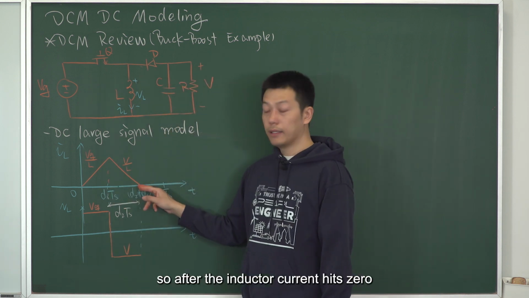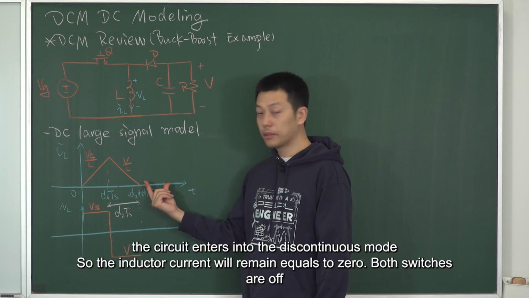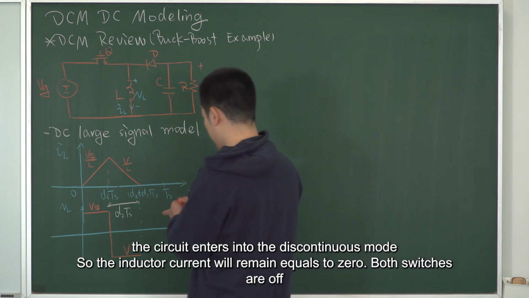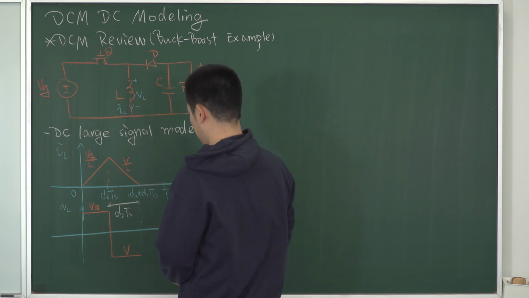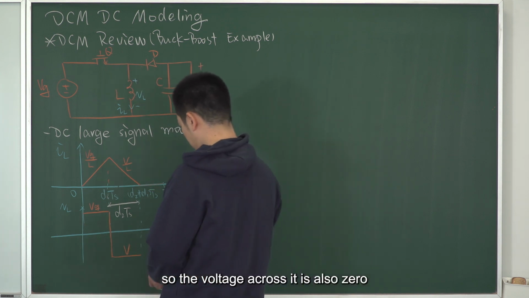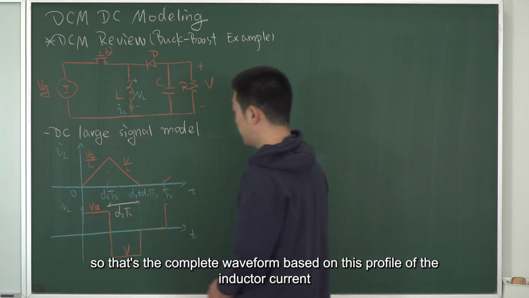After the inductor current hits 0, the circuit enters the discontinuous mode. The inductor current will remain equal to 0. Both switches are off, and since the inductor current is 0, the voltage across it is also 0. So that's the complete waveform.